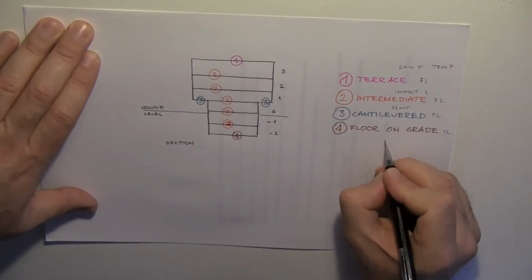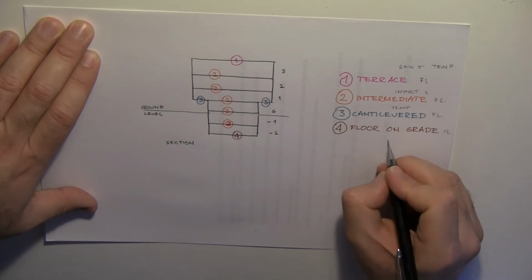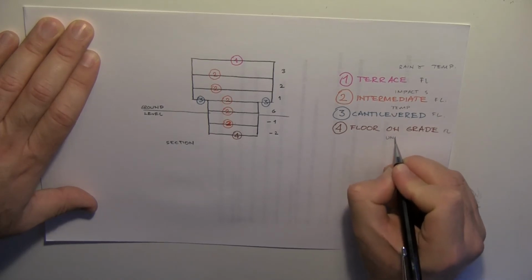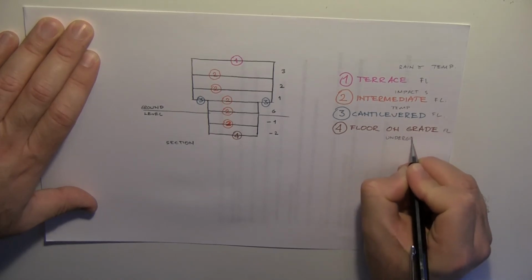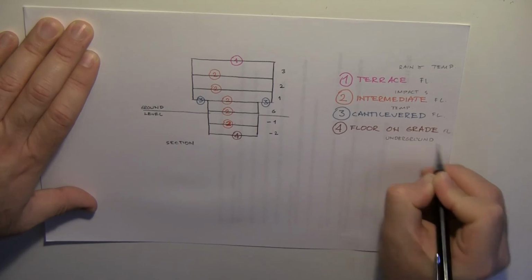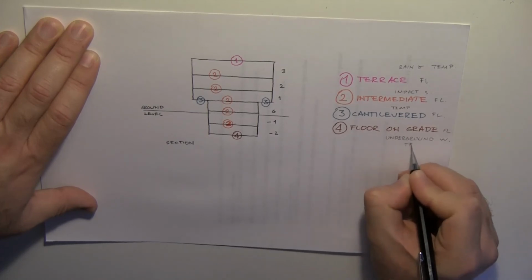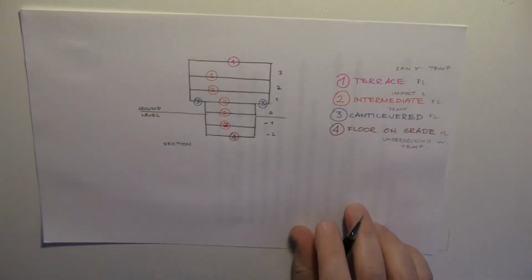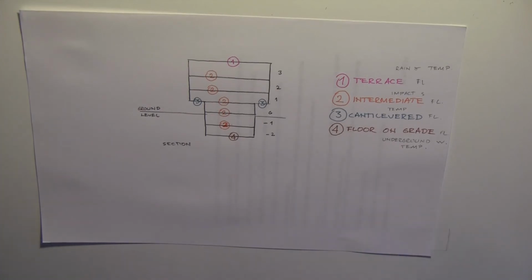And floor on ground or grade or ground floor will be exposed to underground water and temperature changes. Okay, so what you need to do while you are working on the detailed design of these different floor systems, you need to take into consideration these factors that will affect your floor.